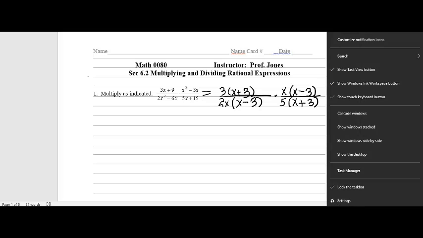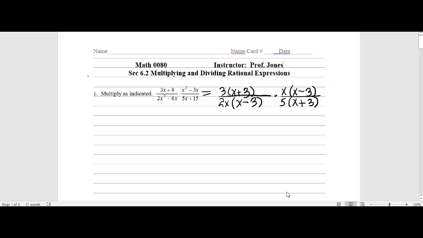So in each case, in this problem, the factorization needed was the factorization of a greatest common factor.